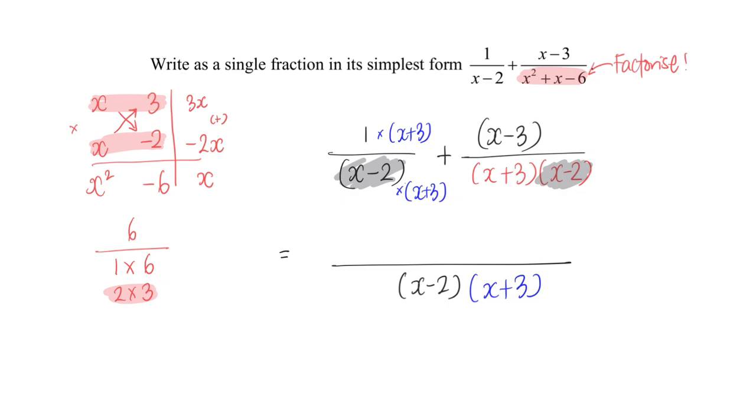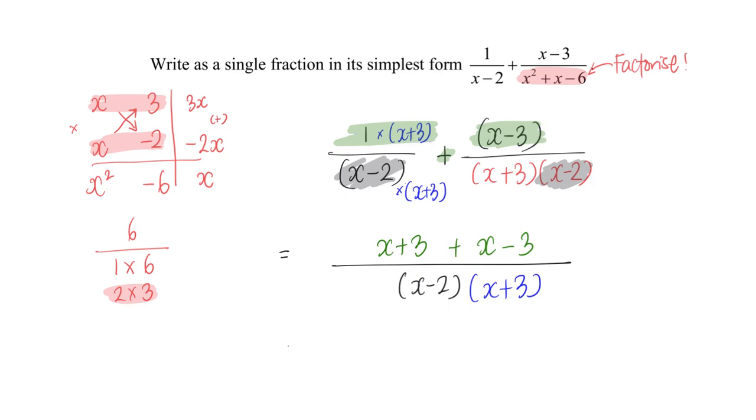Okay, and on top, the numerator, 1 times x plus 3 will give me back my x plus 3, plus x minus 3 is the same as plus x minus 3.